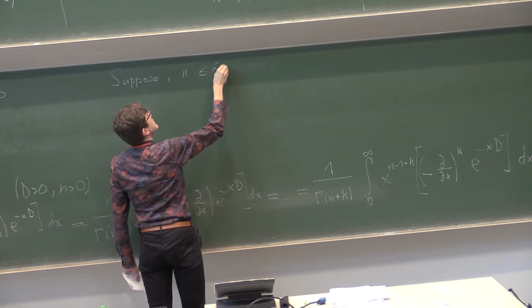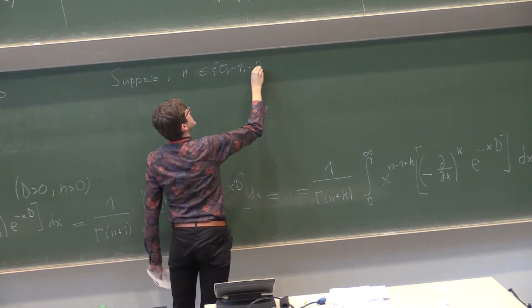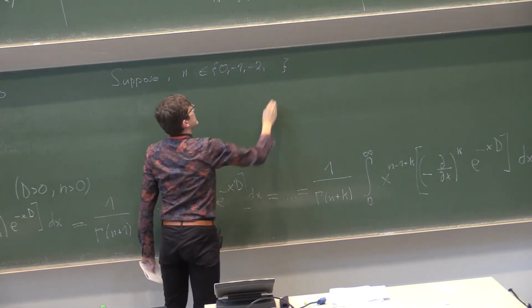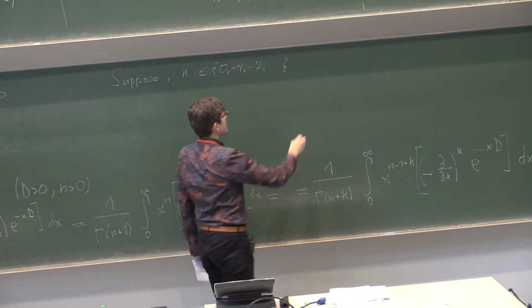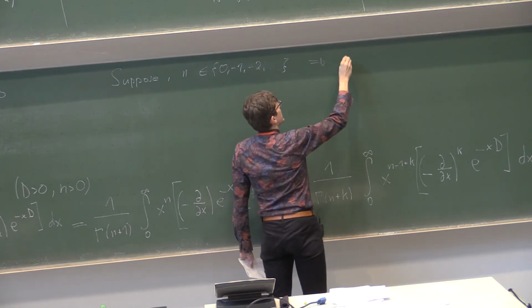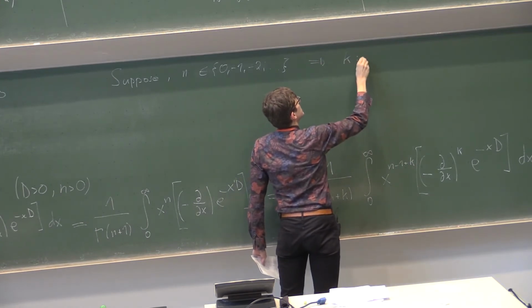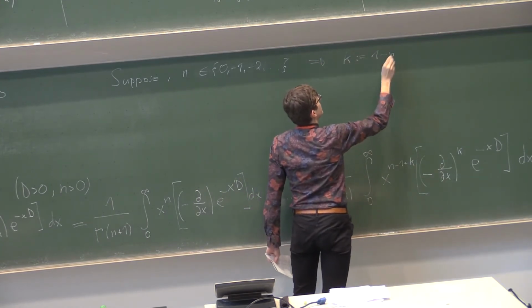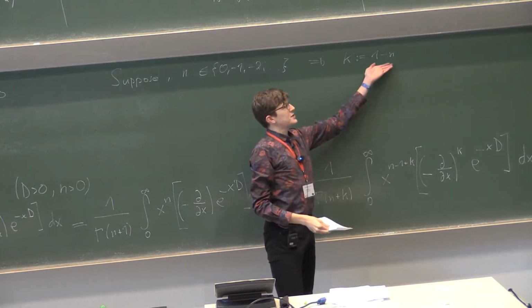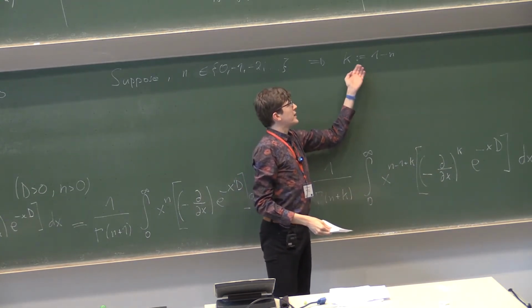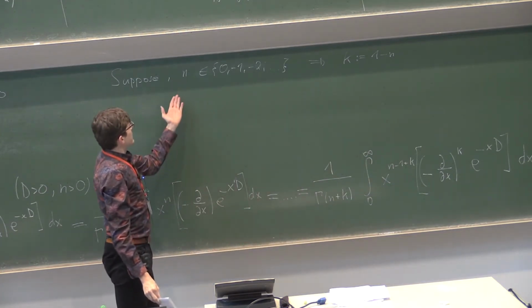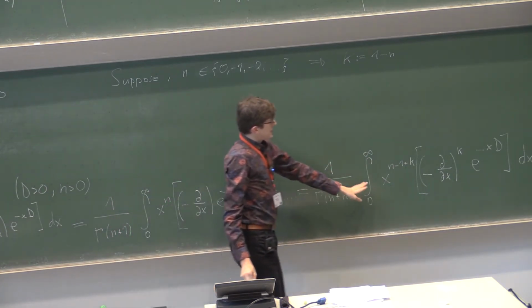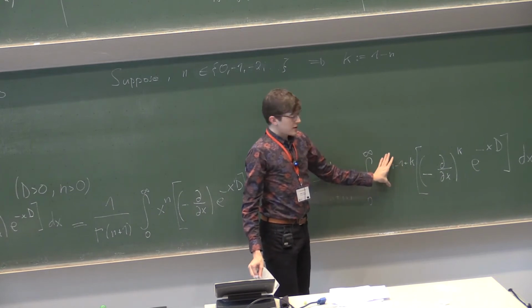Suppose n is 0 or minus 1 or minus 2. So either we have a numerator to some power or nothing at all. Well, then let's choose k to be 1 minus n. So this is now a positive integer. So we apply k integration by parts with this formula. And what happens then? By construction, this power of x goes away.